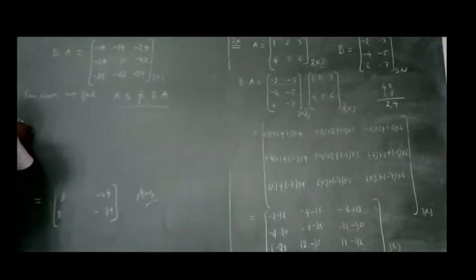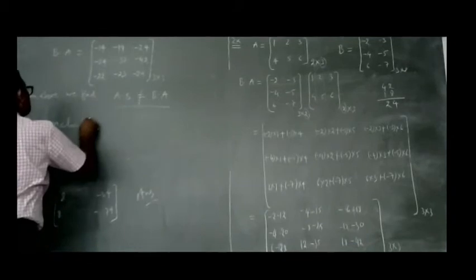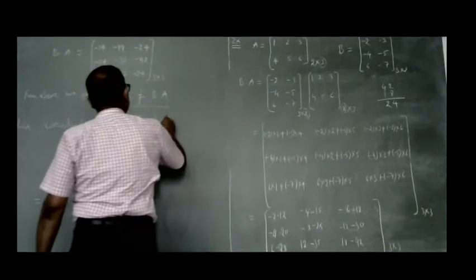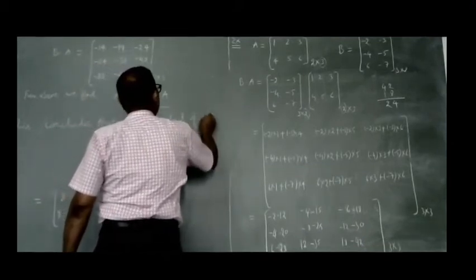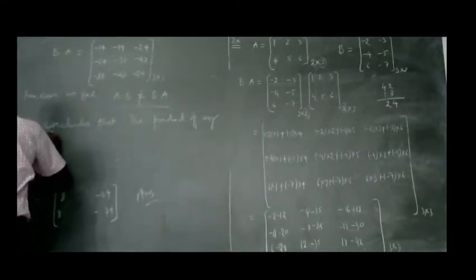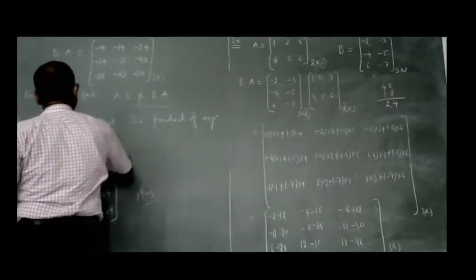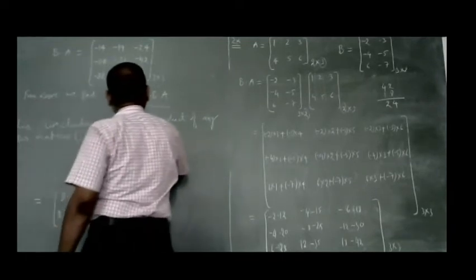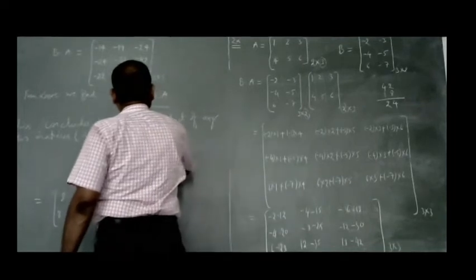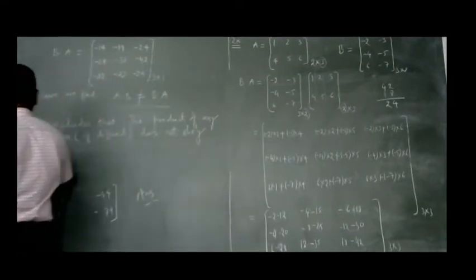This concludes that the product of any two matrices, if defined, does not obey the commutative law.